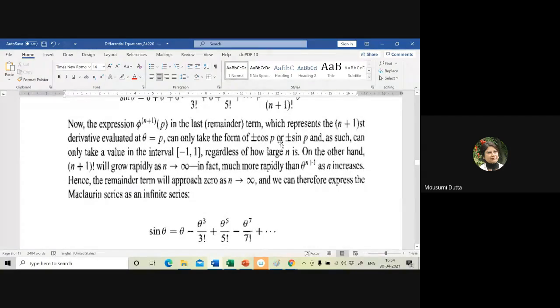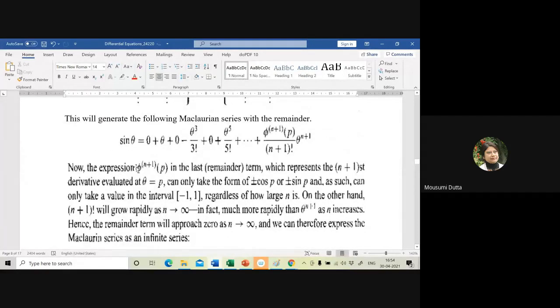Okay. So this numerator will range within the interval -1 to +1, regardless of how large n is. So n may be very large, then also this value will be within the band -1 to +1.